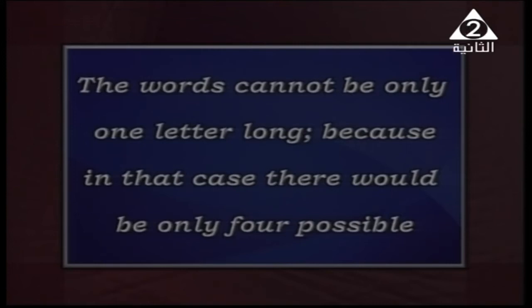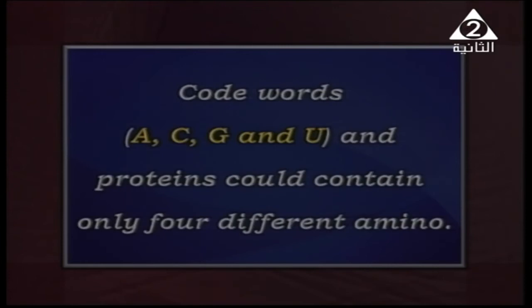So the words cannot be only one letter long, because in that case there would be only 4 possibilities. We have only 4 nucleotides, A, C, G, and U, and proteins could contain only 4 different amino acids.